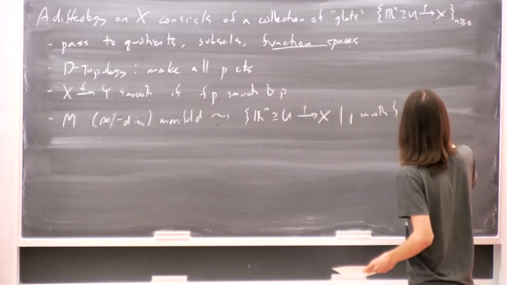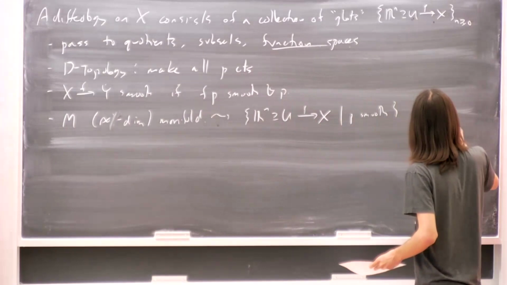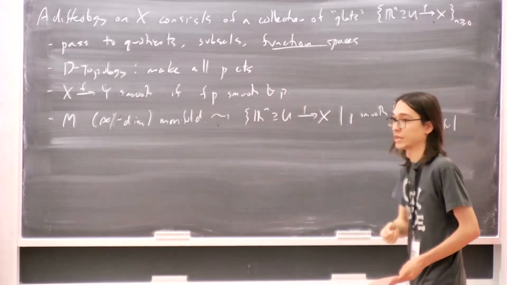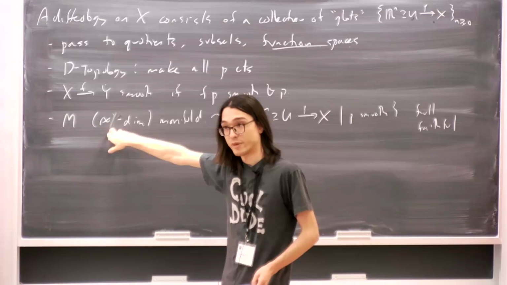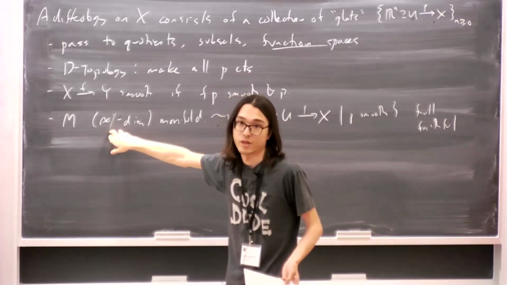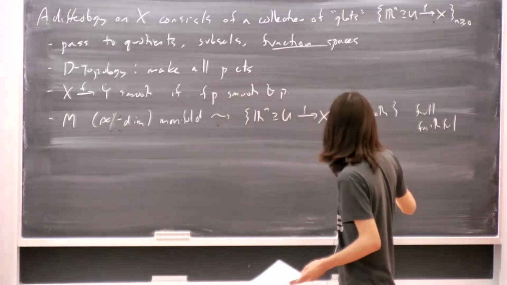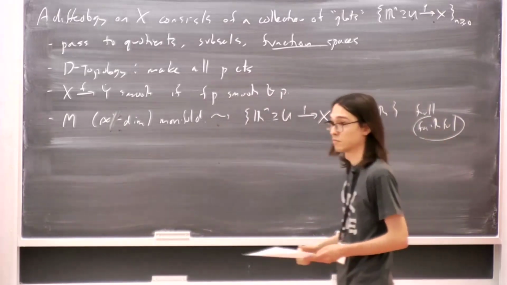And that's a full and faithful embedding of the category of manifolds in diffeology. And it does work for infinite dimensional manifolds too, perhaps, whatever that means, although the faithfulness becomes subtle.